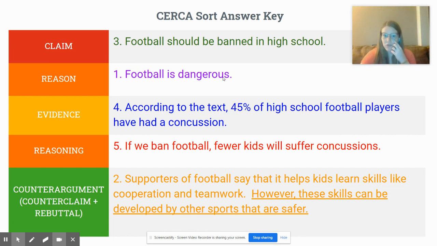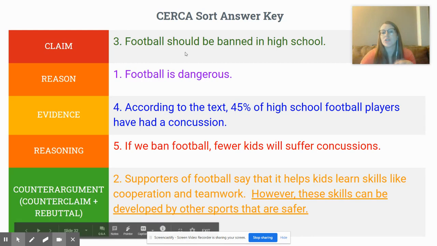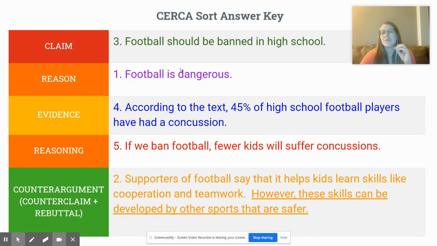Okay? If this could be a claim, okay, but it's not in this case. Okay? It's not in this case because you don't have an option here that is saying why it should be. I'm trying to figure out, I want to word this correctly. If your claim was that football is dangerous, then you would have to have a reason saying because there are so many concussions, right?